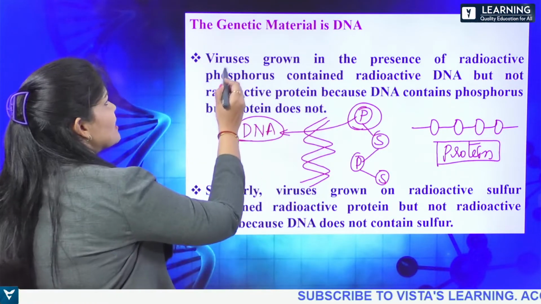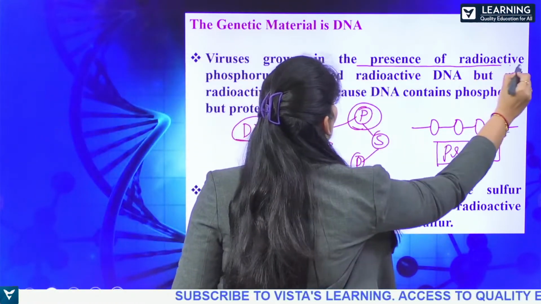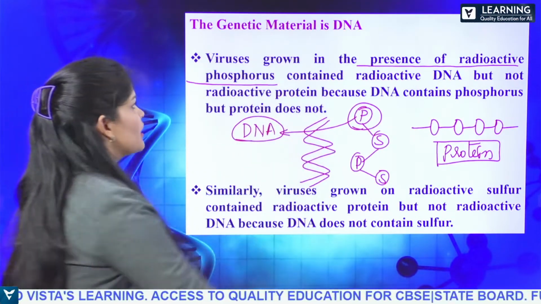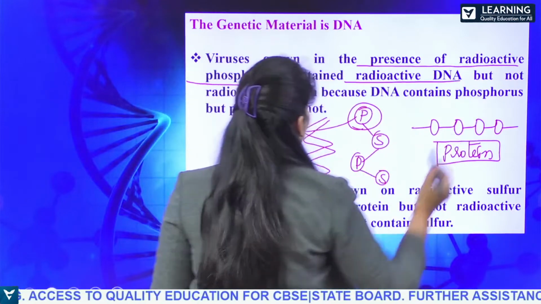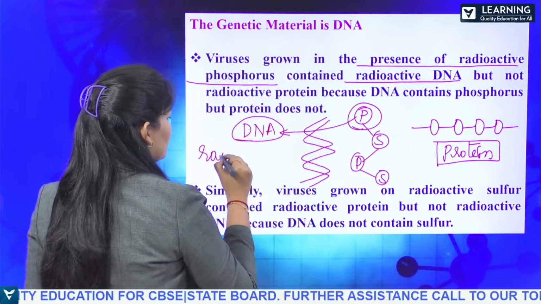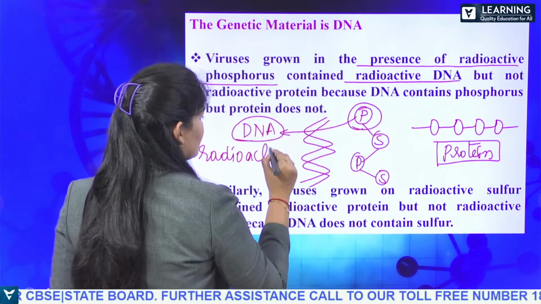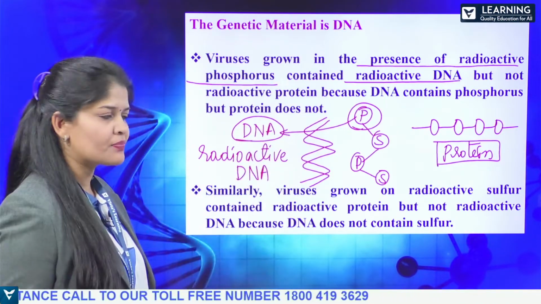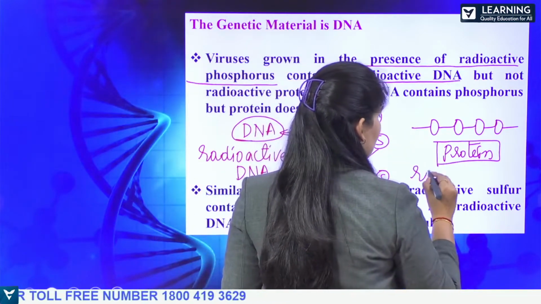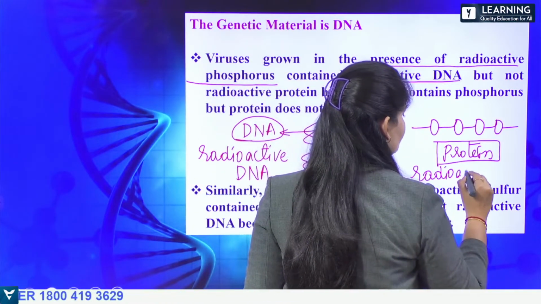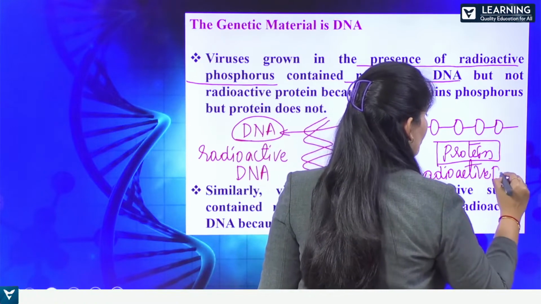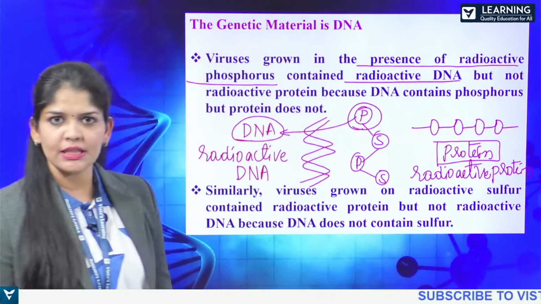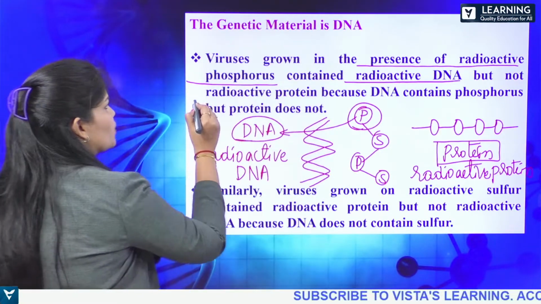So here, virus grown in the presence of radioactive phosphorus contains radioactive DNA, because phosphorus is present in the DNA, but not radioactive protein.